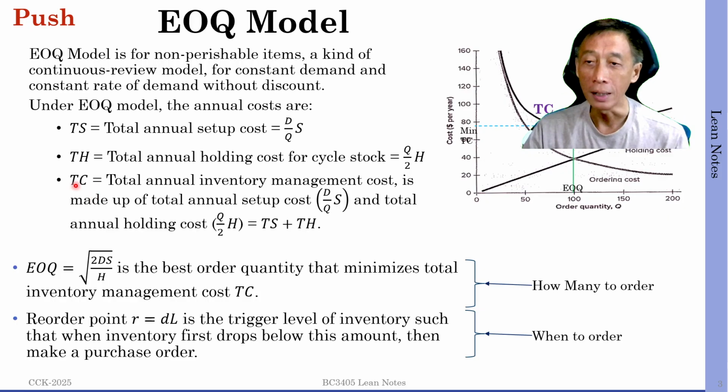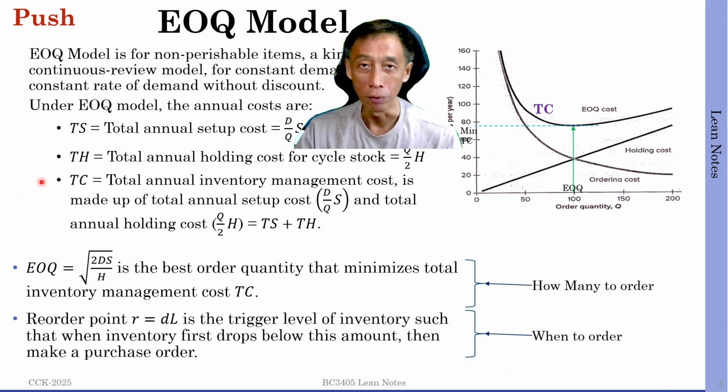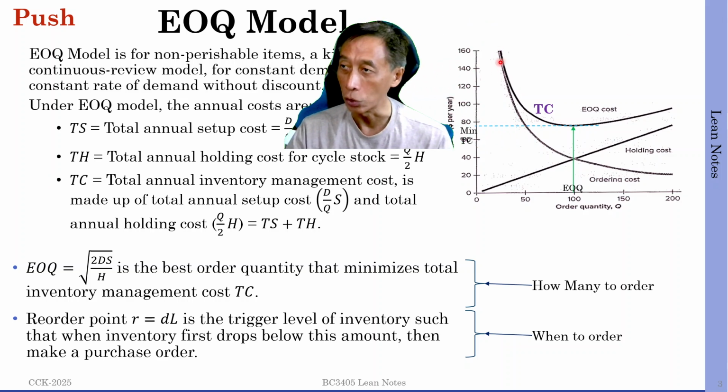Finally, we add up the two costs, TS and TH, which will result in this U-shaped curve. Now, the U-shaped curve has a very unique characteristic. On the right side, there's this total cost curve. This top curve is the result of adding the linear line, the holding cost, which is linear with respect to Q, where Q is the x-axis.